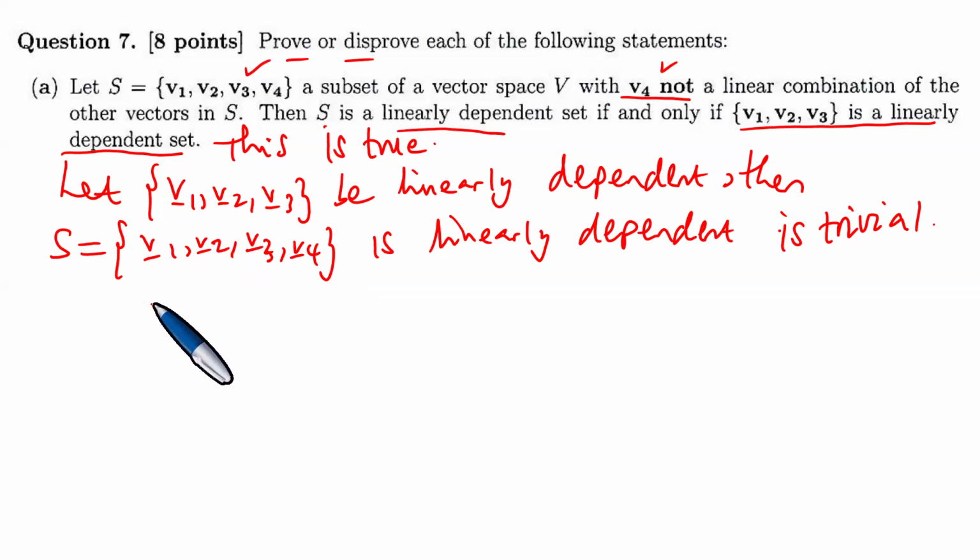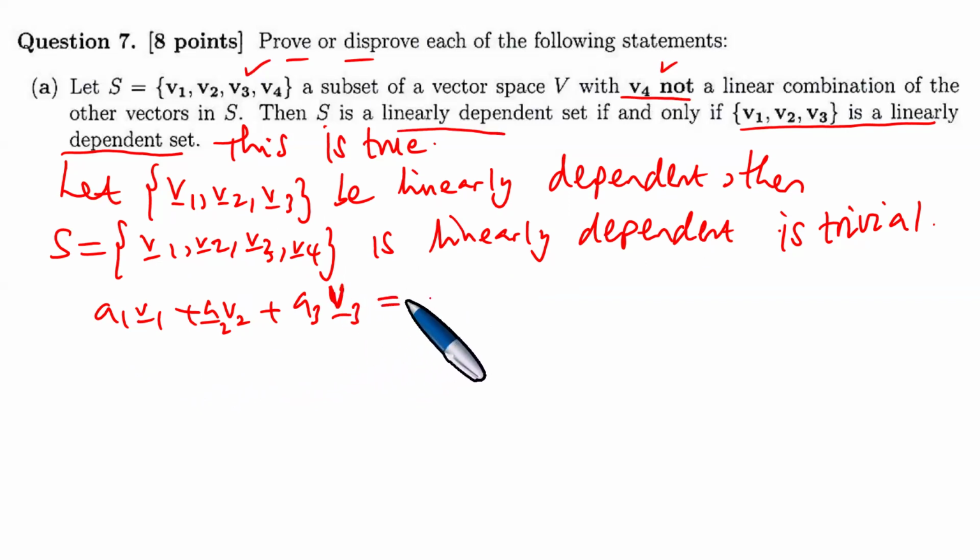So now what you need to do is to say that if you start with these and you are saying linearly dependent, you write A1 V1, A2 V2, A3 V3 is equal to what?